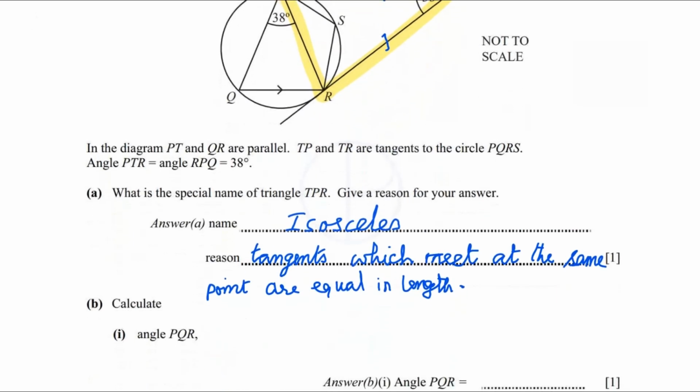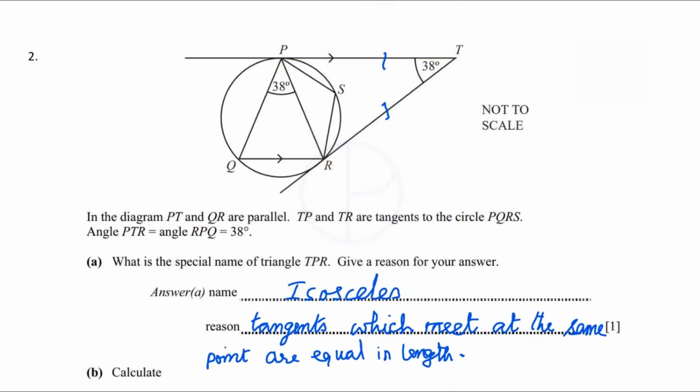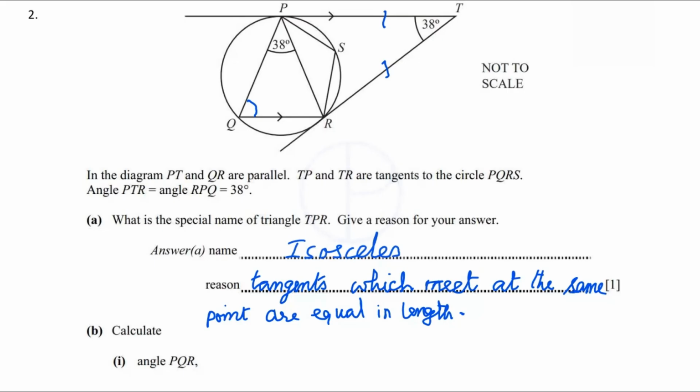So the next part of the question is calculate angle PQR. So we need to find this angle. To find PQR, first let's calculate angle TPR. Because the triangle TPR is an isosceles triangle, angle TPR and TRP are equal.